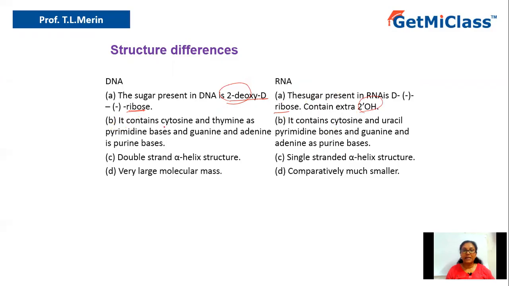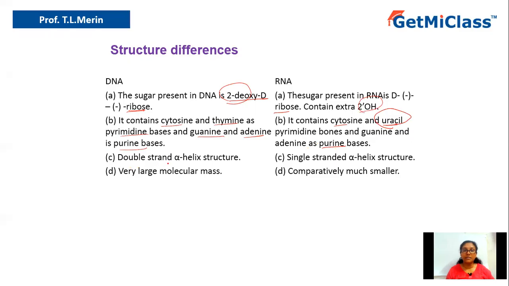The second point: DNA contains cytosine and thymine as pyrimidines and guanine and adenine as purine bases. Whereas in case of RNA, cytosine and uracil are present. So instead of thymine, uracil is present, and the guanine and adenine are present as purines.